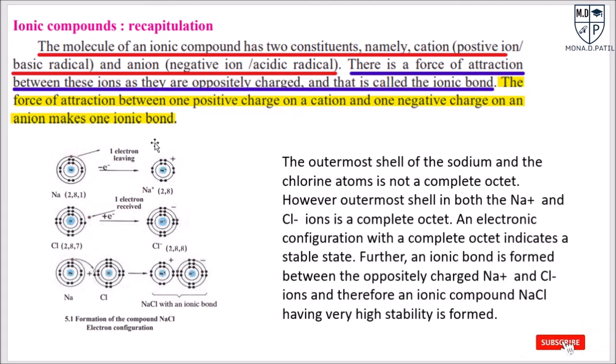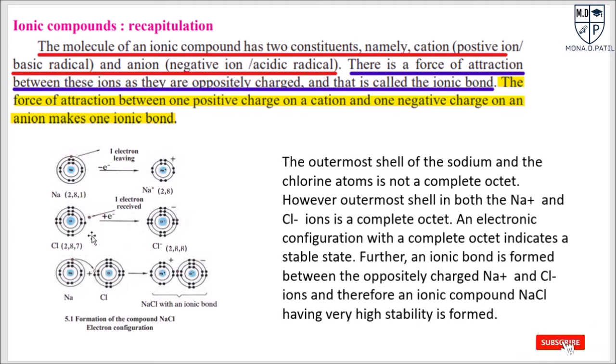Here you can see in the diagram, sodium has electronic configuration 2,8,1, so in the outermost shell there is 1 electron. As we know, metals have the tendency to give up electrons. So 1 electron leaves the sodium and its electronic configuration becomes 2,8. That 1 electron is received by a non-metal like chlorine.